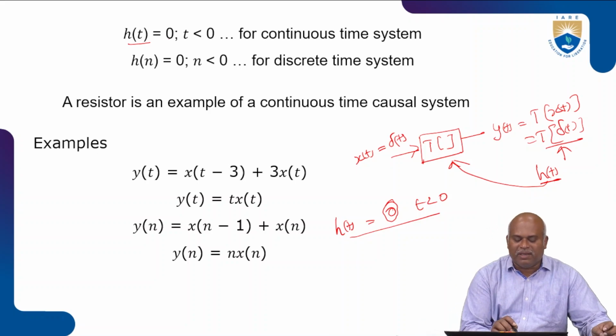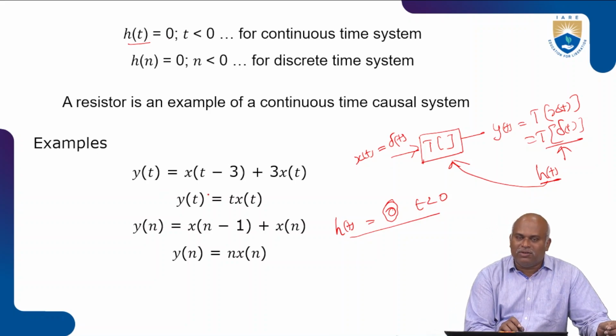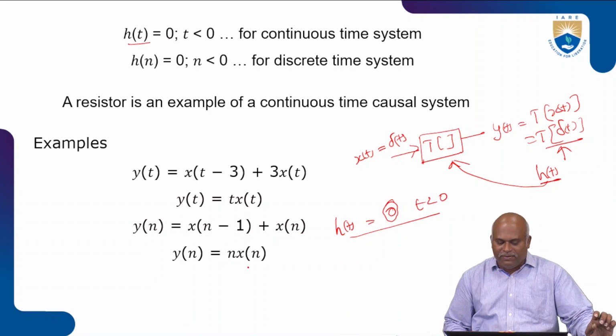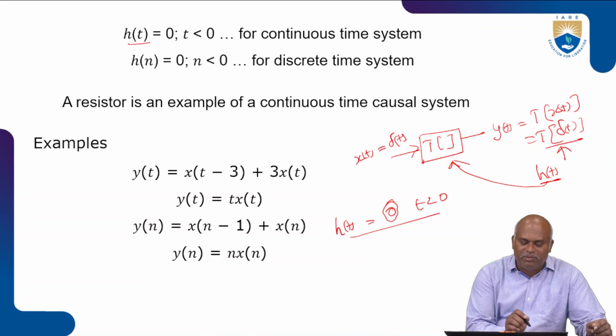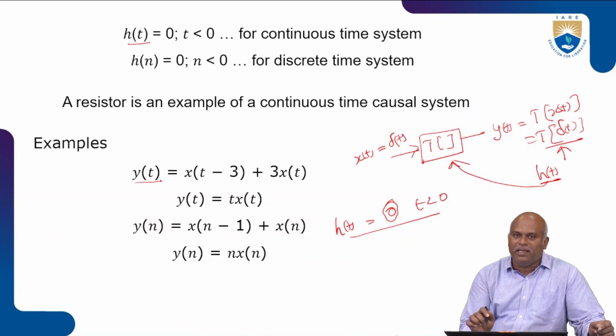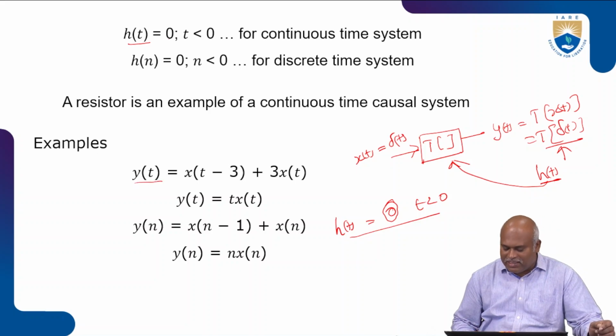Let us take some examples. y of t is equal to x of t minus 3 plus 3 x of t, and y of t is equal to t x of t. Then y of n equal to x of n minus 1 plus x of n, and y of n equal to n x of n. We will see whether the system output y of t is causal or not.